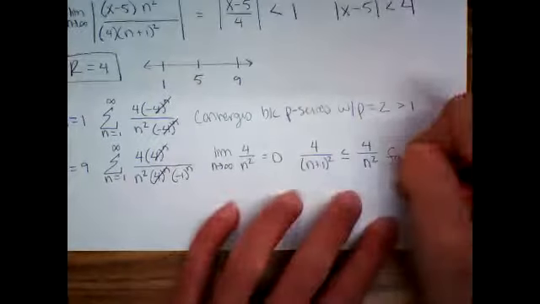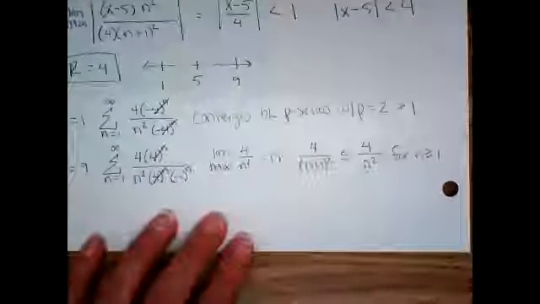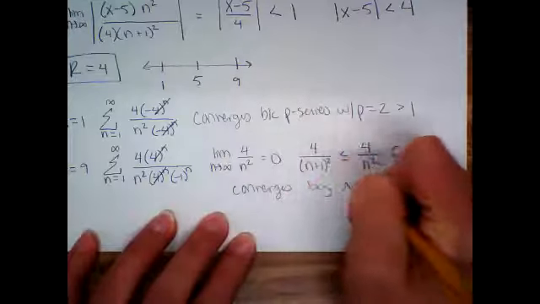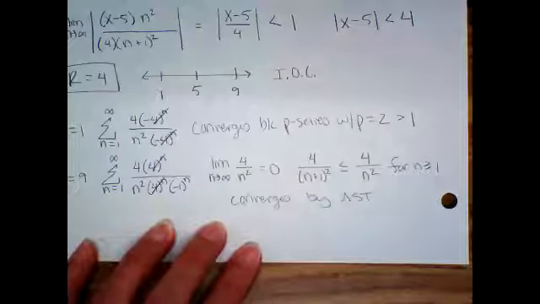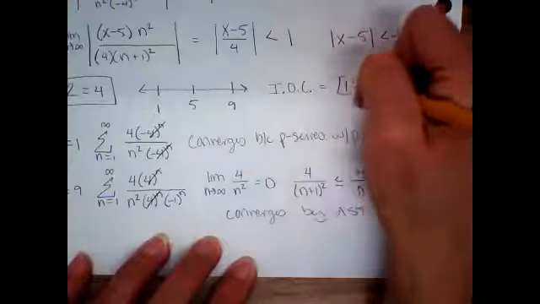And that's true because the bigger denominator means the smaller fraction. So this also converges by alternating series test. And so you guys told me I could abbreviate this. Don't do that on the AP exam, but interval of convergence, we're going to include both of them. So bracket 1 to 9.